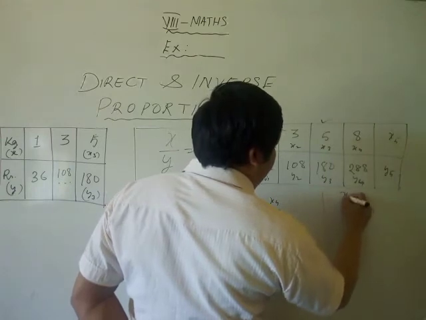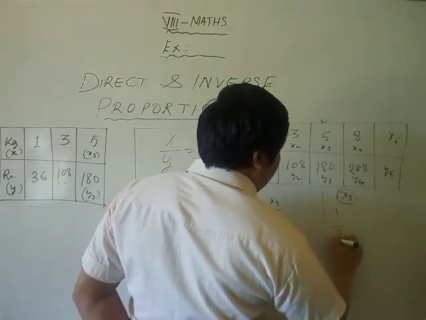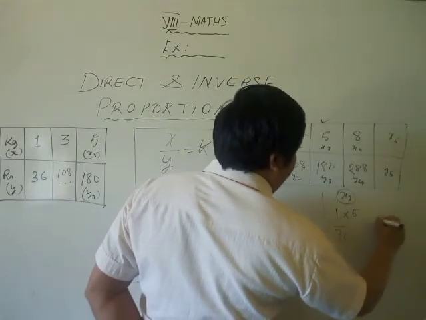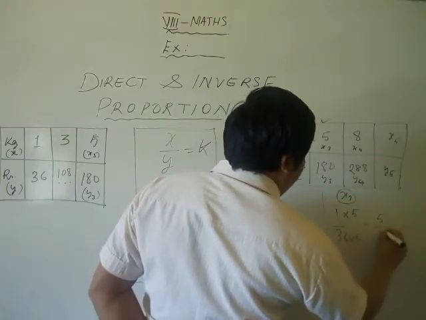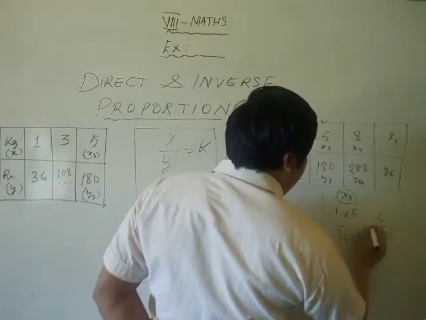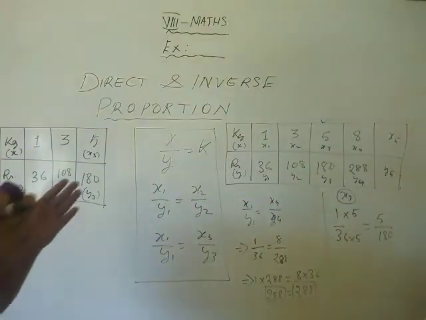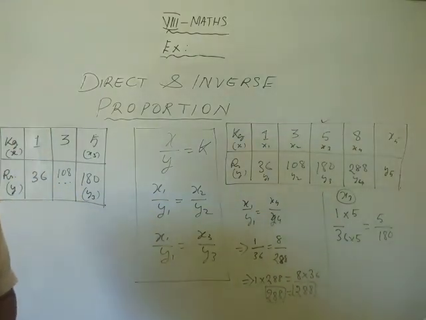See, 1 by 36. You multiply here with 5, you will get 5 here, and if you multiply 5 again here, you will get 180. Isn't it? Yes. So this is what you study in lower classes, this is your idea from the lower classes about fractions or rational numbers.